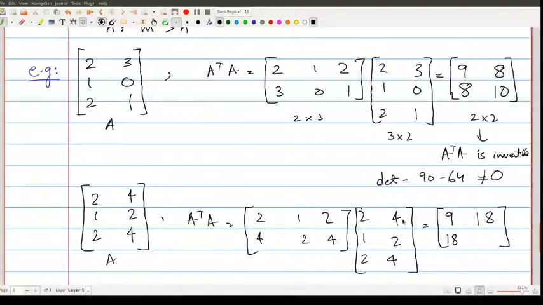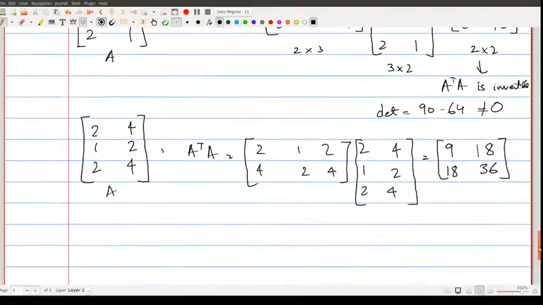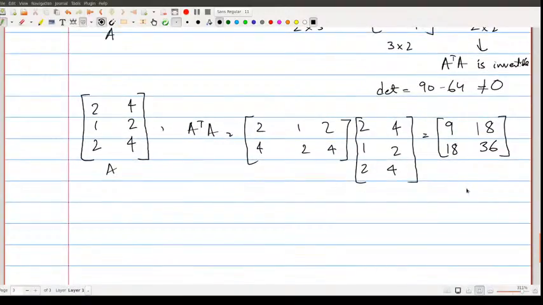This is 4 times 4, which is 16, plus 4, which is 20, plus 16, which is 36, I believe. Okay, and now you can see that this matrix is not invertible. The reason is that the first column is just a multiple of the second column. You can see that 18, 36 is simply 2 times 9, 18.